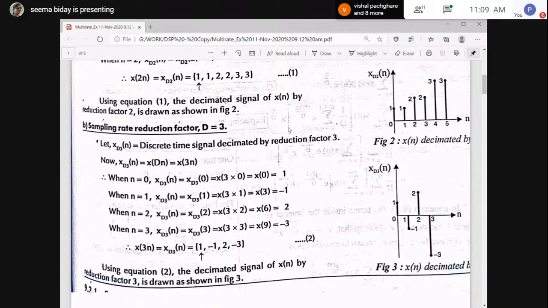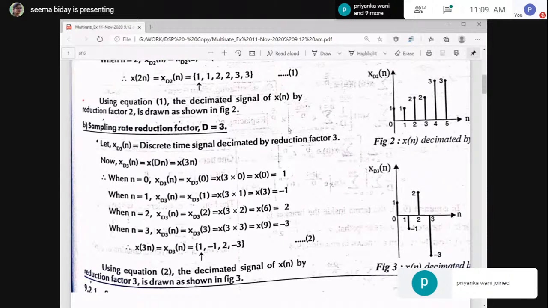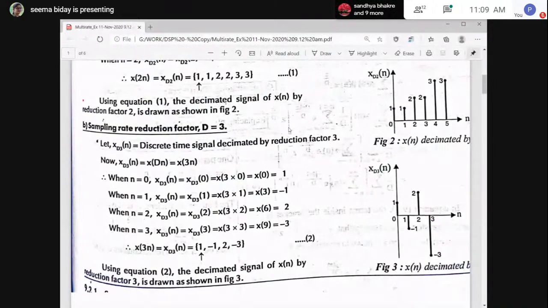So right now you should know that the anti-imaging filter is used in the upsampler or interpolator, while the anti-aliasing filter is used in the decimator, and that anti-aliasing filter is to be used prior to the decimator, while this anti-imaging filter is used after the interpolator.